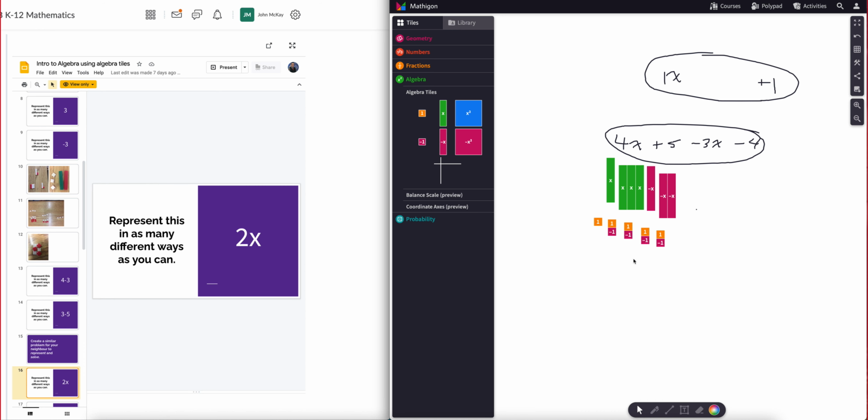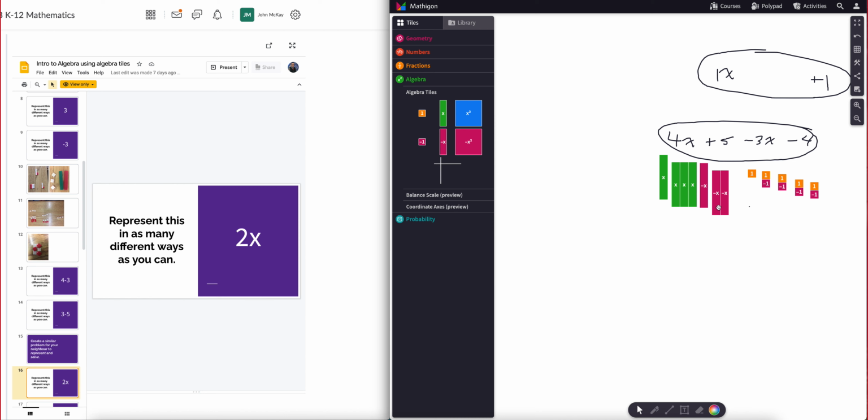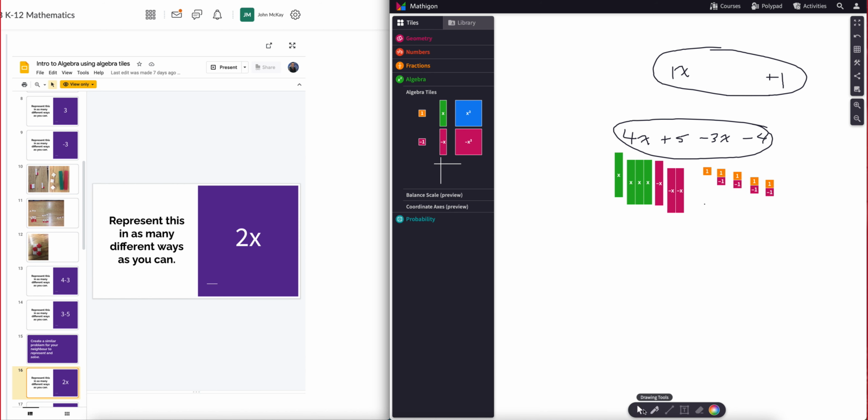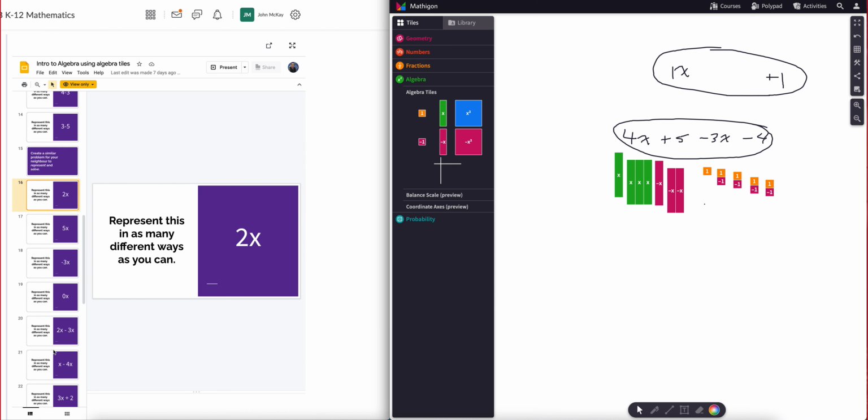And then you organize, sorry guys. You cleaned up all the little singles, right? Well, these guys. And then you created 0 pairs, and you had this fully simplified version, right? I don't know if it's gonna let me move this. No. Where you had 1x plus 1. That was all that was left after you created 0 pairs, right? That's all we're doing. That's the rest of the slideshow.